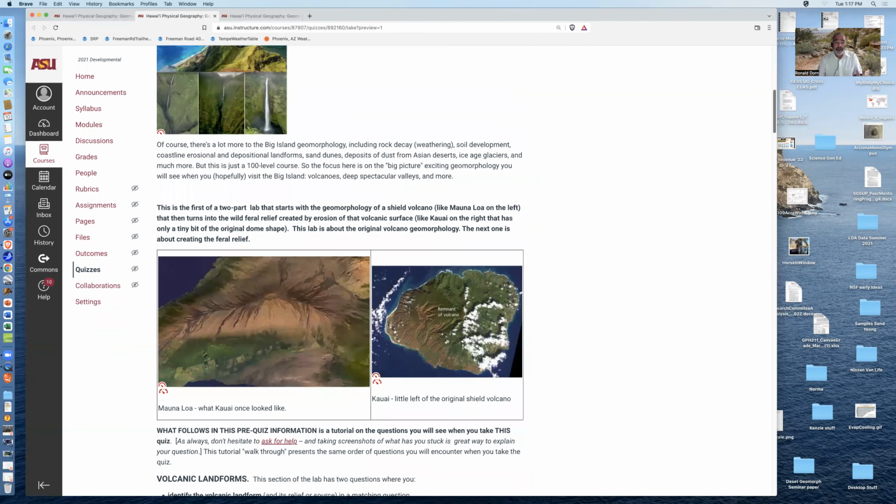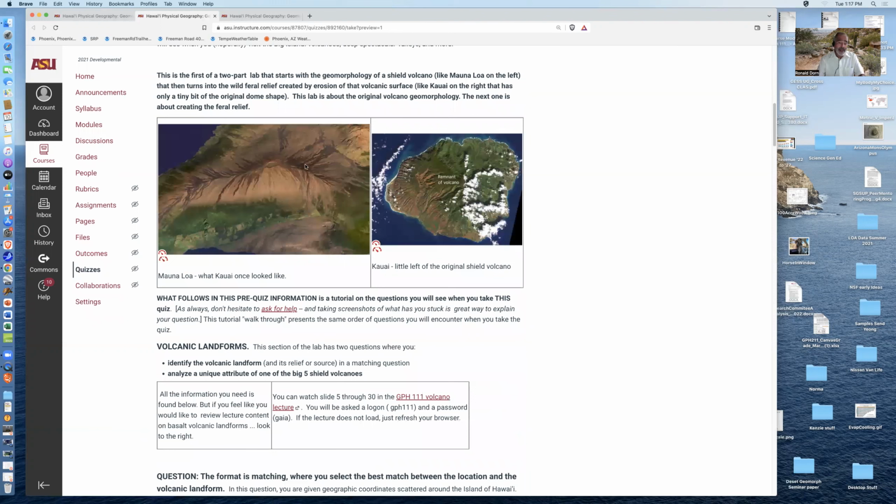So this lab sequence goes from something like the Mauna Loa volcano, which is what the island of Kauai once looked like, to the island of Hawaii, in which there's only a tiny piece of Kauai left from the original shield volcanic shape.